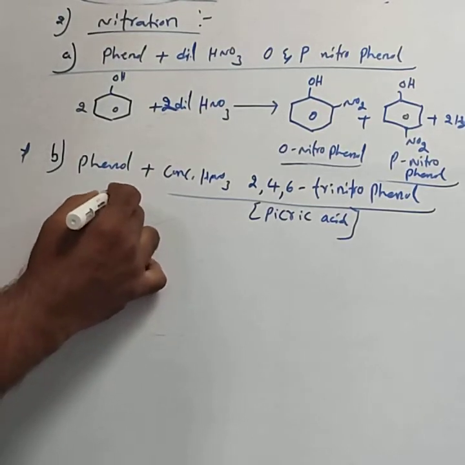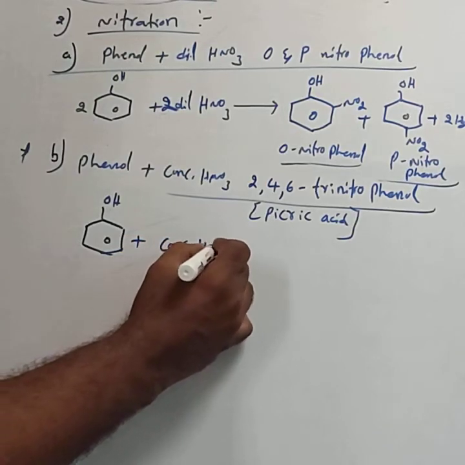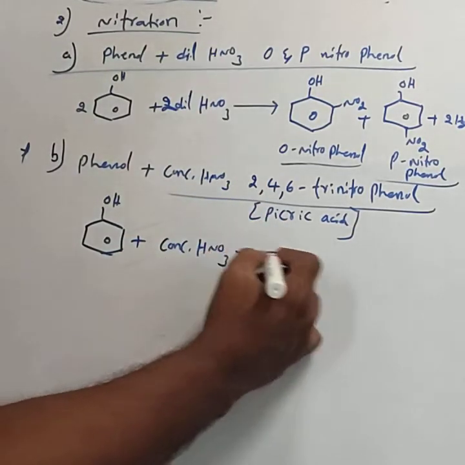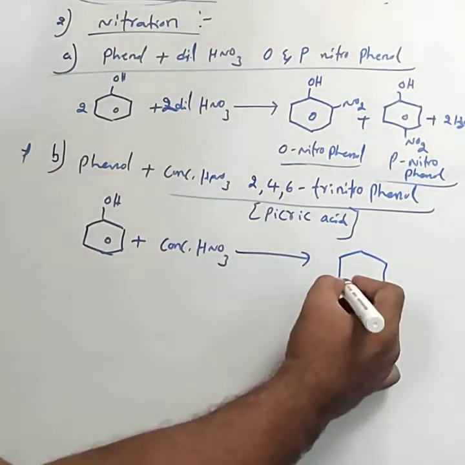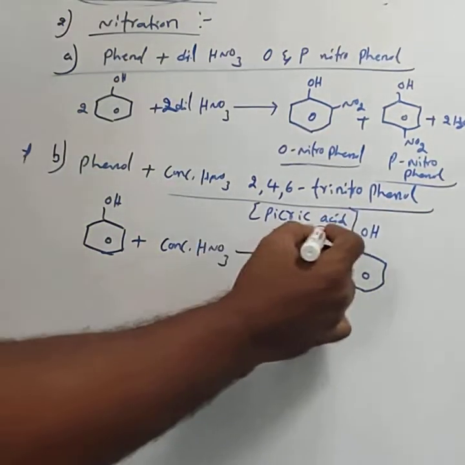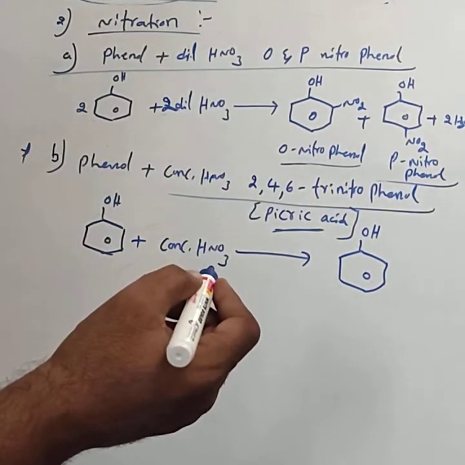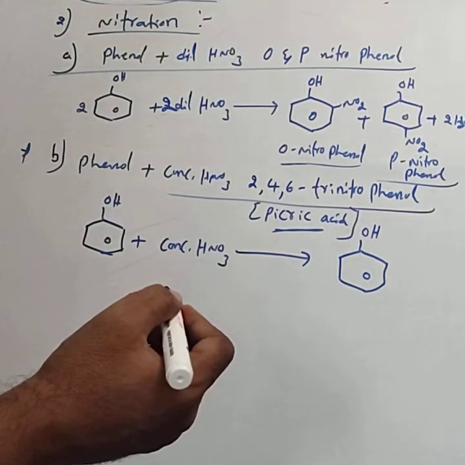This is phenol. Phenol treated with concentrated nitric acid. The product formed is picric acid. Picric acid chemical name, even they can ask for 1 mark. What is the chemical name of picric acid?